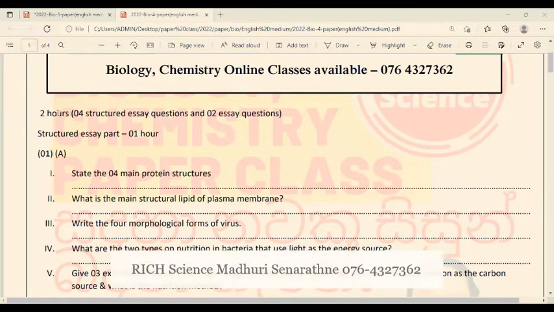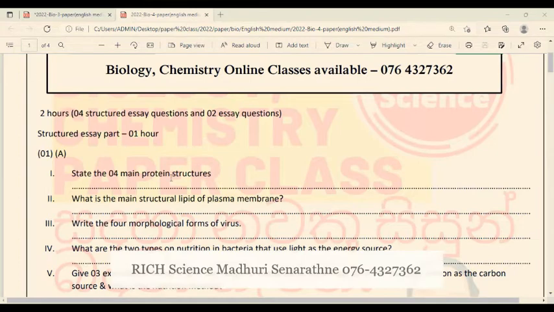I will give 2 hours for the whole paper. That means you can take 15 minutes for each structured essay question, and you can take 30 minutes for each essay question. Okay. First one, state the 4 main structures of proteins.